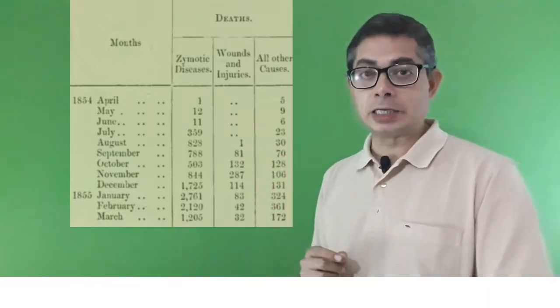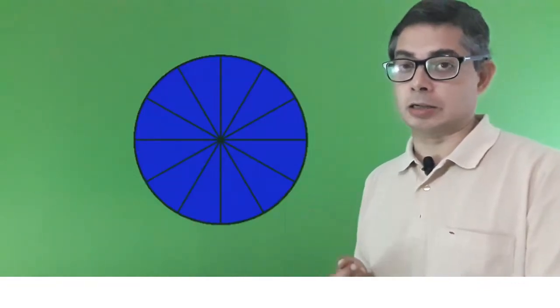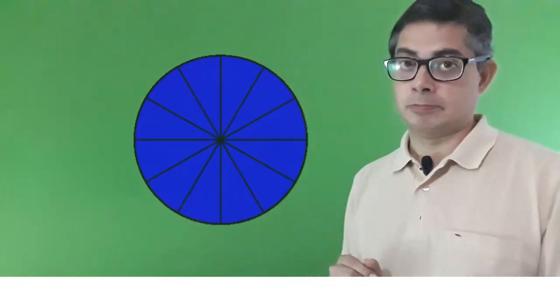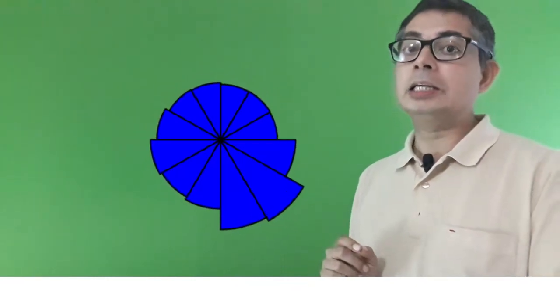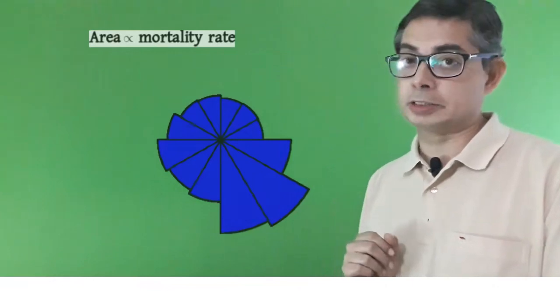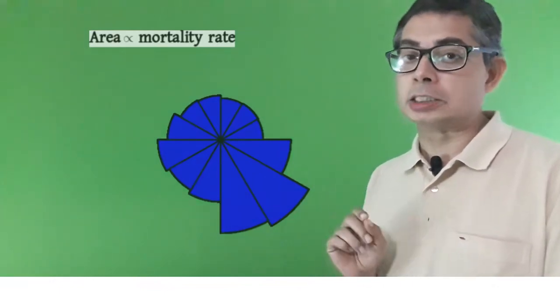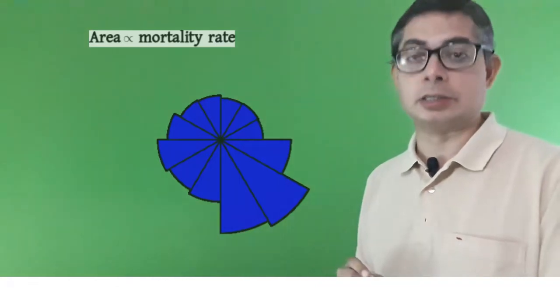To depict the data, she split the central 360-degree angle of a circle into 12 equal parts and devoted one to each month. Then she scaled each sector with area proportional to the mortality rates. She did this three times, once for each cause of mortality.